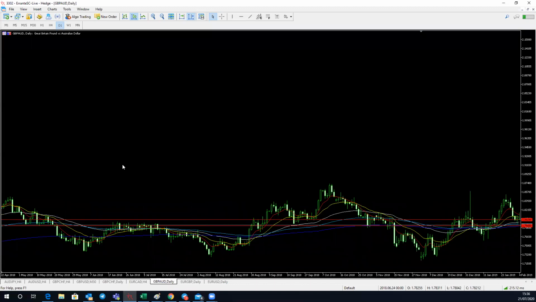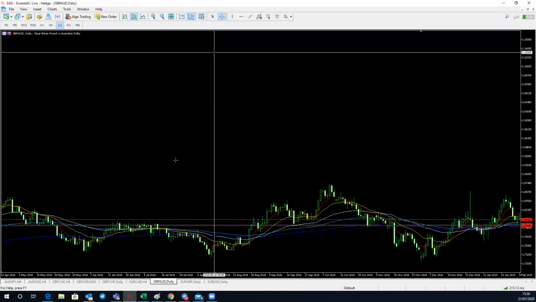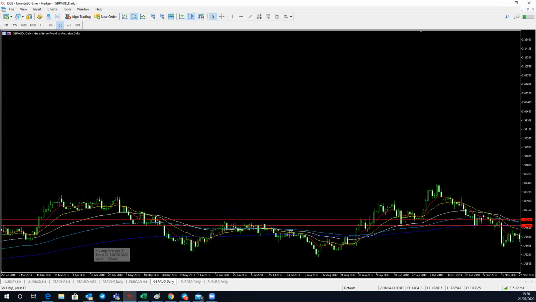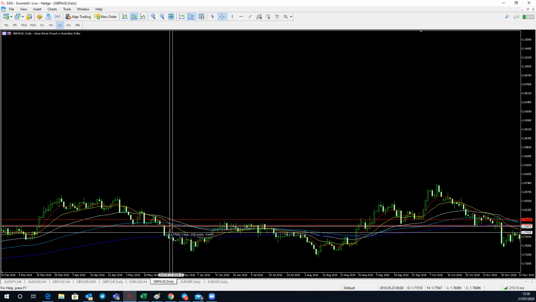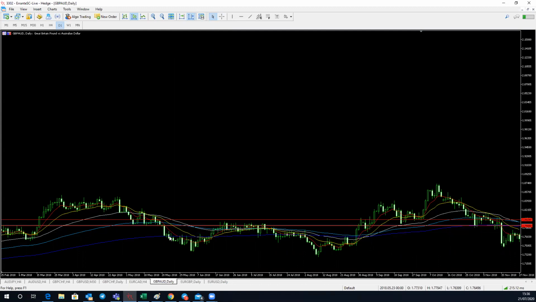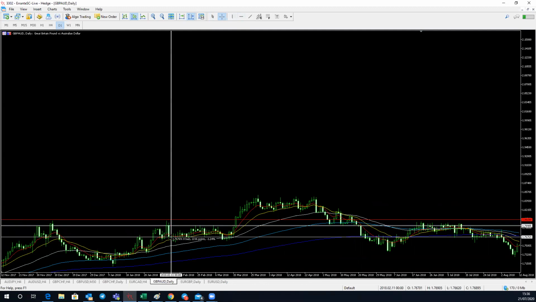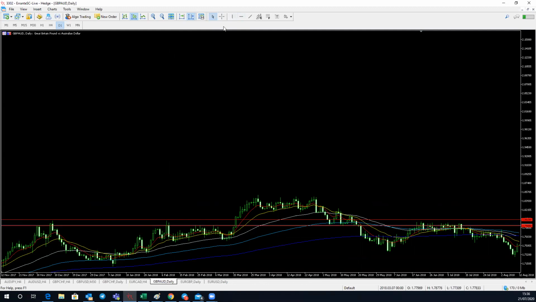Let's see whether we've got quite a few. We've definitely got quite a few. We've got this one here, 127 pips. Another one right here that mirrored the one we first saw, 194 pips, almost 200. And we've got some more. We've got quite a number here, and the distance between one and another is not so far apart.